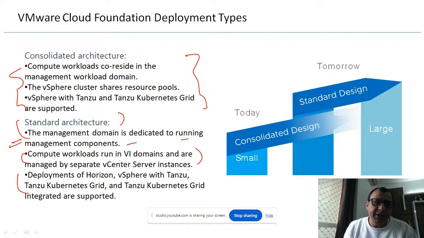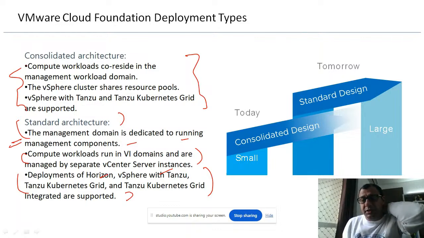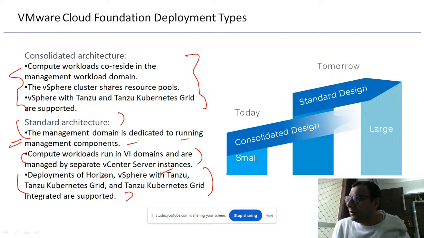You can deploy a separate cluster just for running VDI workloads, vSphere with integrated services, and so on, separately in the VI workload domain. So with the standard architecture, there is a separate environment for running separate kinds of workloads.